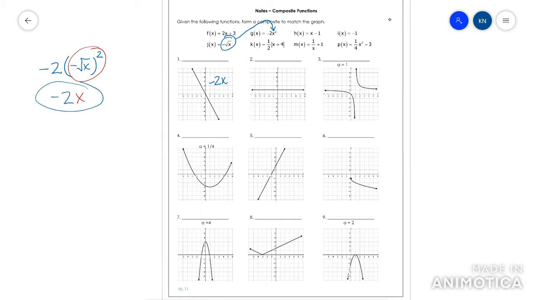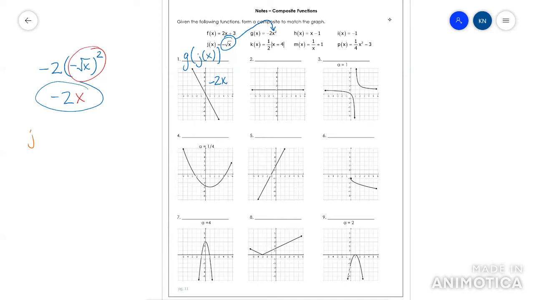I just found this equation by plugging j of x into g of x as a composite. So I substituted this letter x right here for -√x, did a little bit of algebra, and guess what? It matched my equation.